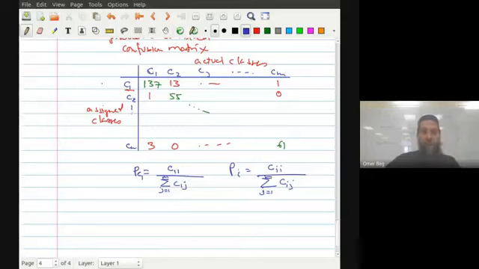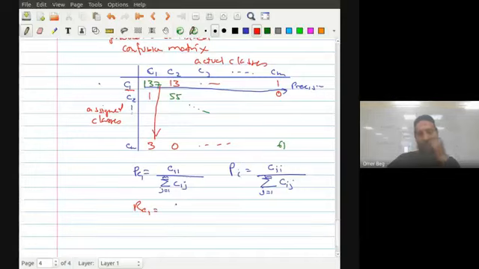So that's because precision is calculated this way. Similarly, recall is calculated this way. So recall for class 1 would be in this column: this value C11, and the sum of everything in the first column.